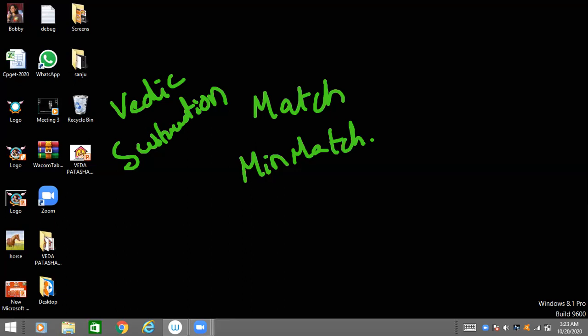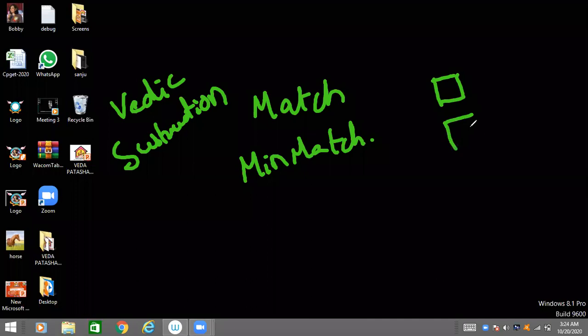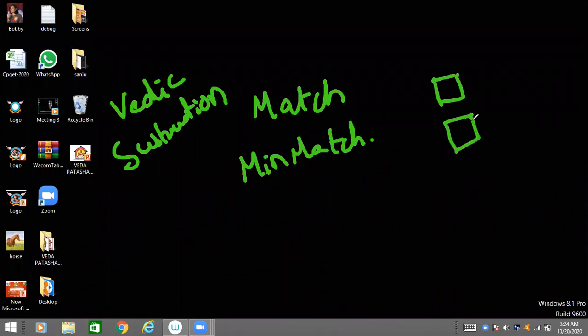What is this? Let me tell you. Do you know the normal meaning of match? When we say match, we say it when things are the same. For example, by the name we can say that both are squares, so both are matched.